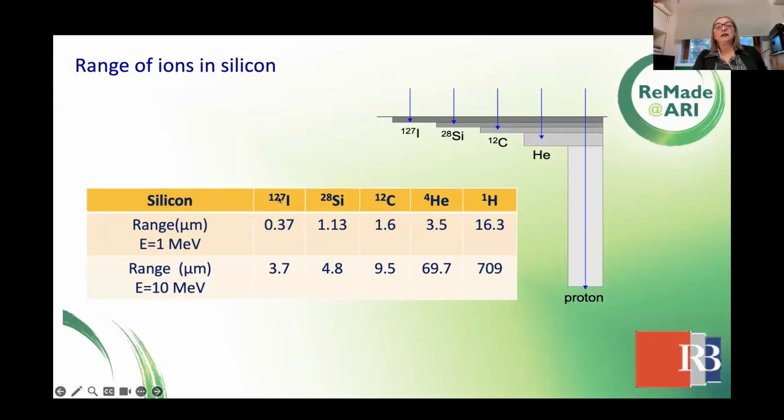But if you use very heavy ions, like iodine, with 1 MeV iodine, you will probe only 317 nanometers. If you use 10 MeV iodine, you will probe more, but this will be in microns. So you see that 10 MeV iodine will stop much earlier than a 1 MeV proton. 10 MeV iodine has a similar range to 1 MeV alpha particles in the sample.